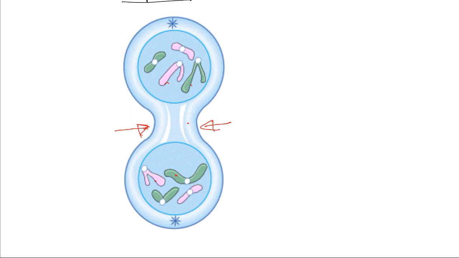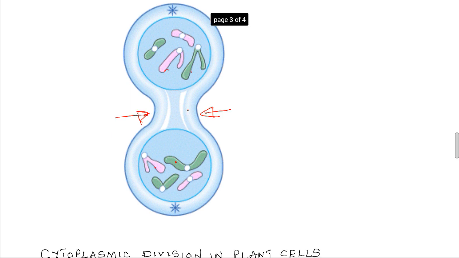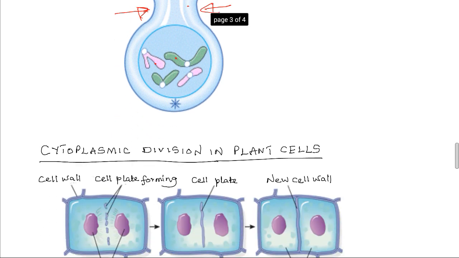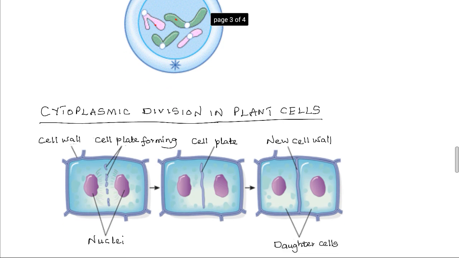Now, in plant cells, constriction is not possible because of the presence of the cell wall. So instead, cell plates form at the center within the cytoplasm, and then these cell plates join to form one continuous cell plate, and later the cell plate grows to separate the two nuclei.